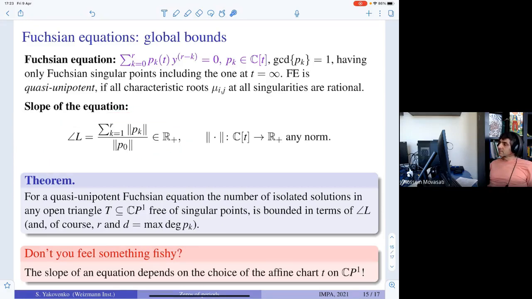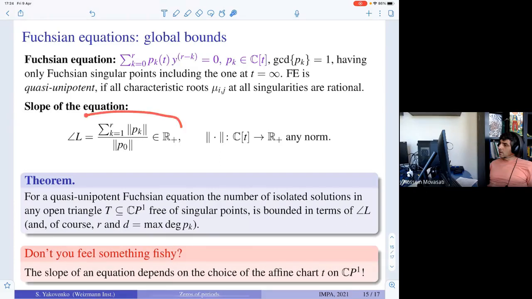If the slope is large, then your equation has large non-leading coefficients, and so it would be more oscillating than an equation with small slope. And once you have time, which you don't, to think about this formulation, you would instantly recognize what Hossein did before, that there is something fishy in this formulation.